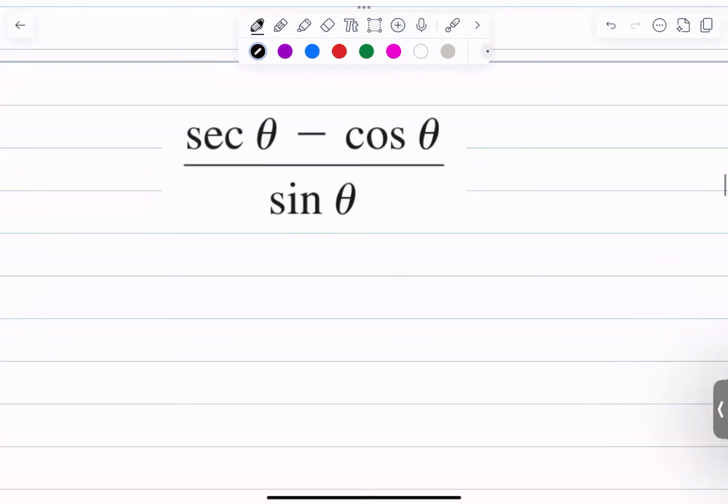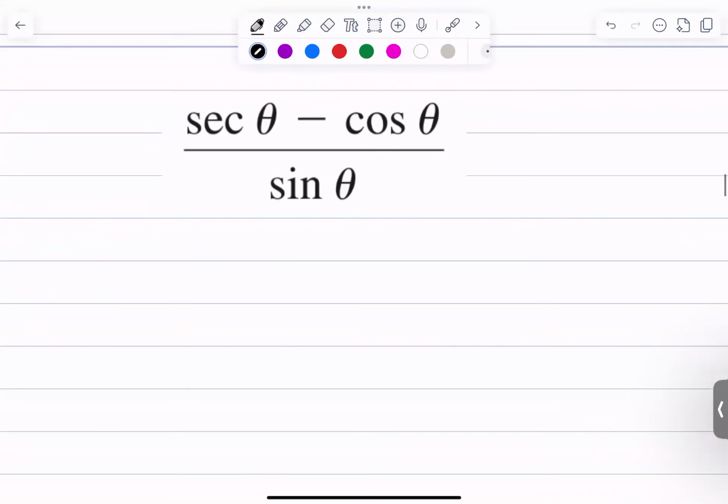This one here, turning everything into sine and cosine. Secant is 1 over cosine, minus cosine over sine.